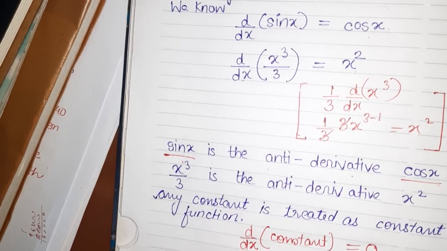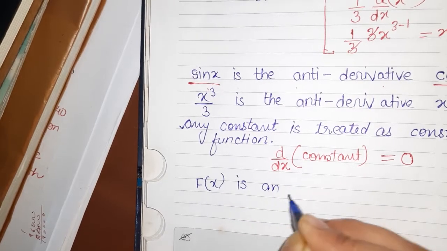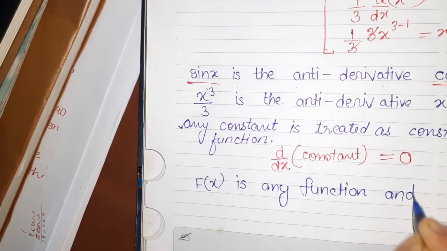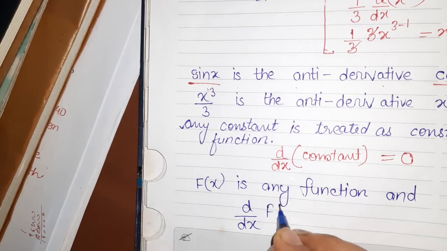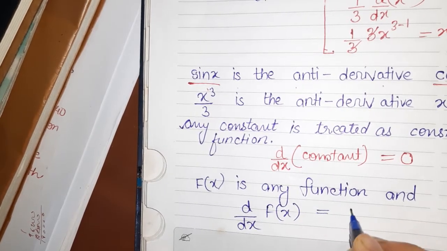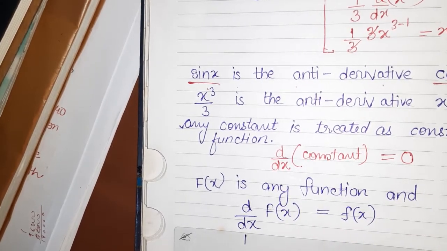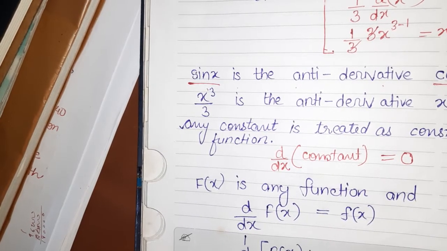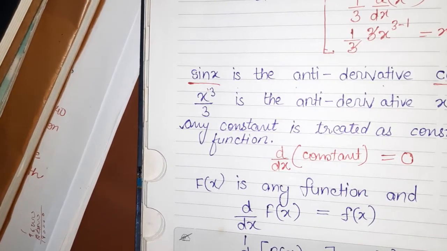Suppose capital F of x is any function and differentiation of F of x equals small f of x. Then we can also write differentiation of F of x plus c equals f of x.